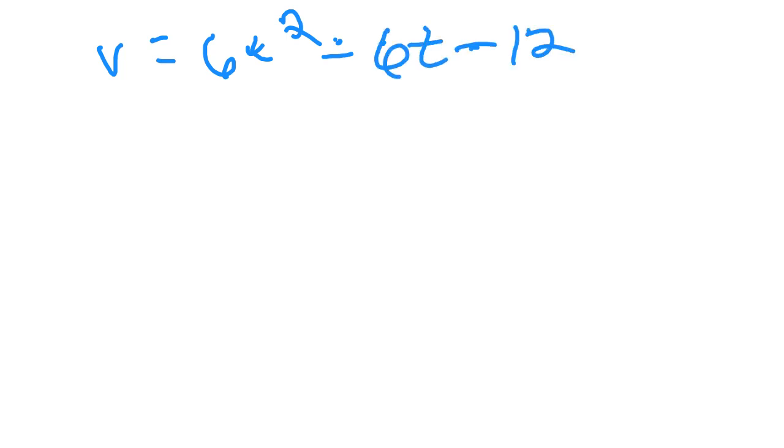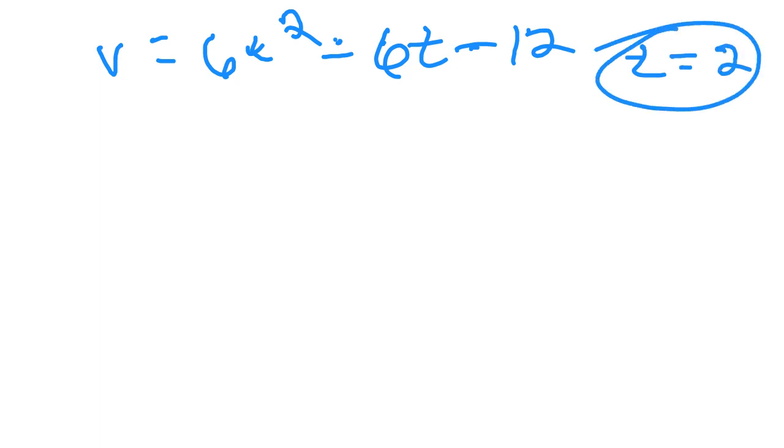What did we have? The velocity was 6t squared minus 6t minus 12, right? And we came up with critical numbers, t equals 2 seconds. Velocity was 0, so we were stopped.